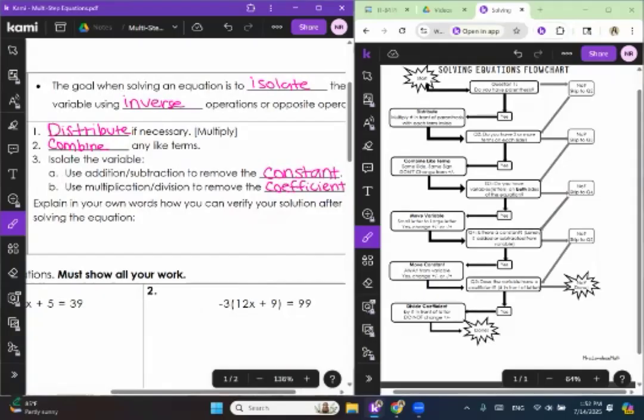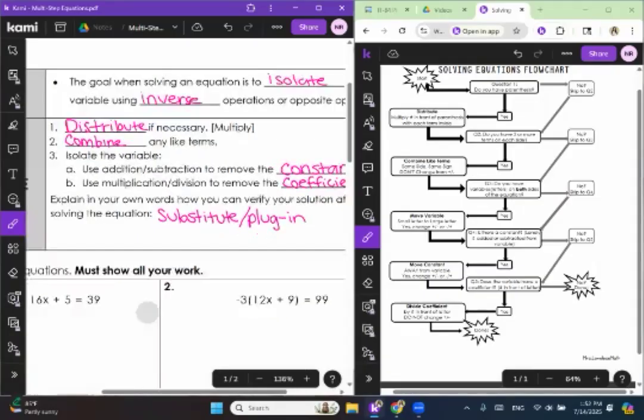How can you make sure that you did solve the equation correctly? You can always do that by plugging it back in, by substituting. You can plug your answer back into the original equation. Now, the flow chart, I will allow you to use it on a quiz. You will not be able to use it on a test, just FYI.